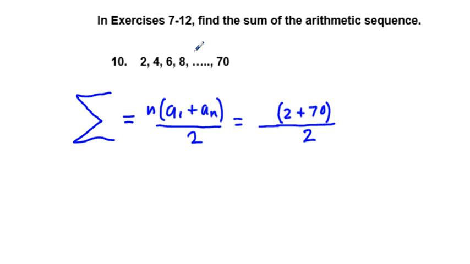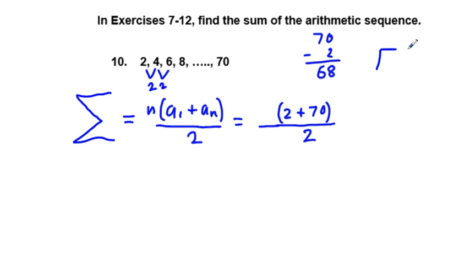So let's calculate n. We take our final term, 70, and subtract our first term, 2, so we get 68. That's the total span. And what is our d? Our d value is 2, because the sequence goes up by 2 in every successive term.